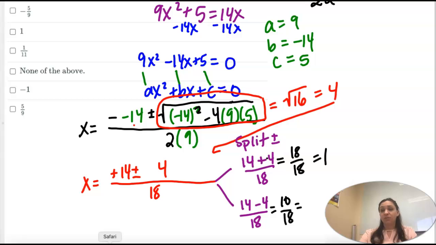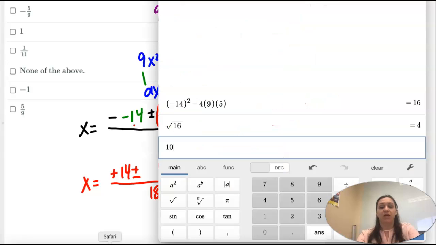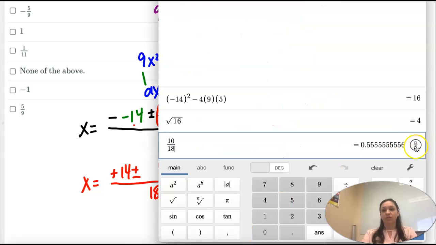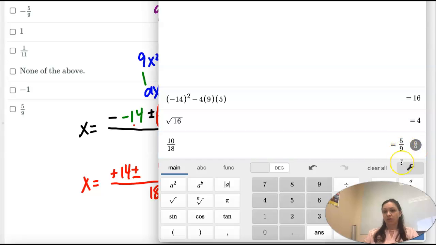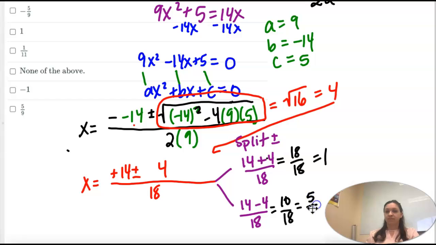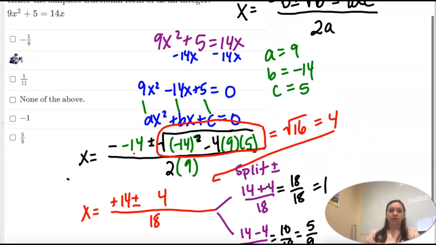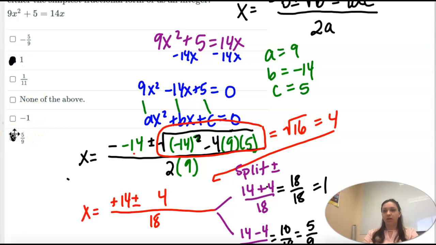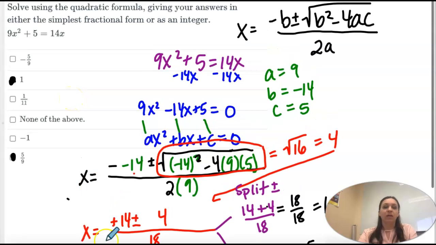And again, I'm totally fine if you guys want to use a calculator for little things. Both of those divide by 2. So it reduces to 5/9. So our answers are 1 and 5/9.